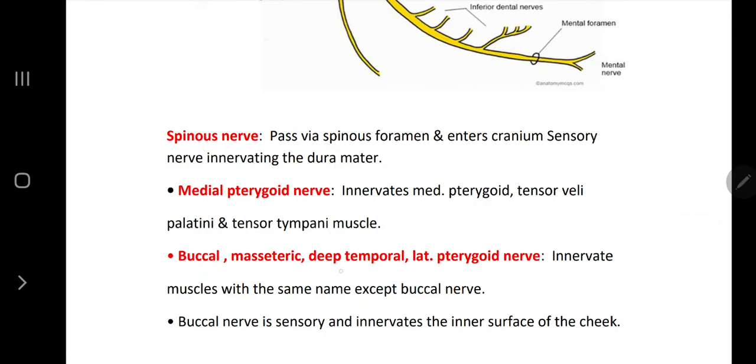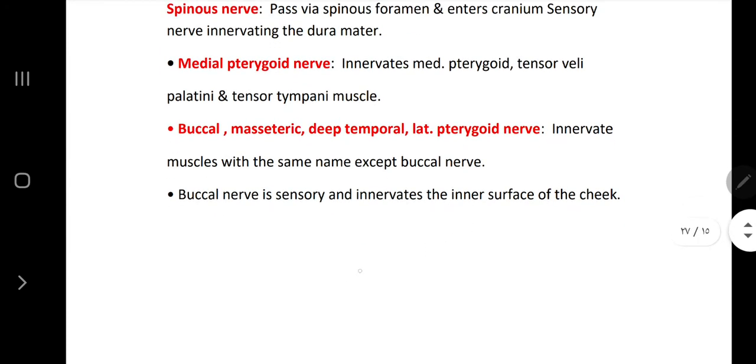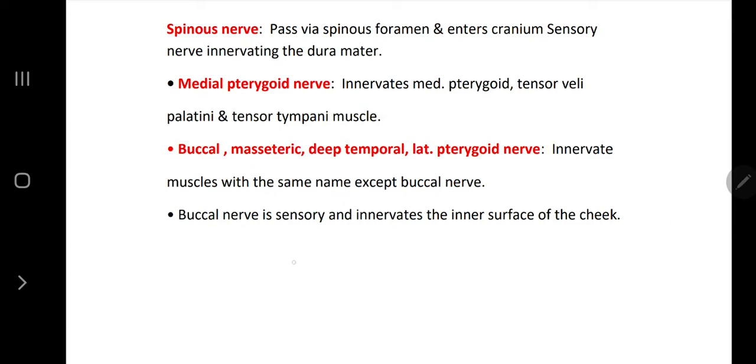Buccal and masseteric and deep temporal and lateral pterygoid nerve innervation مسؤول عن innervation the muscles with the same name except buccal nerve. Buccal nerve is sensory and innervates the inner surface of the cheek. كل هذين العضلات موتر عدا الباكل نيرف sensory.